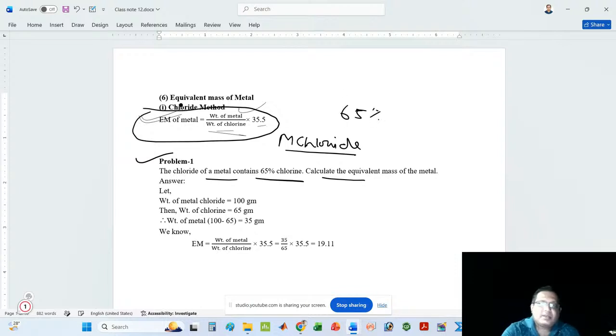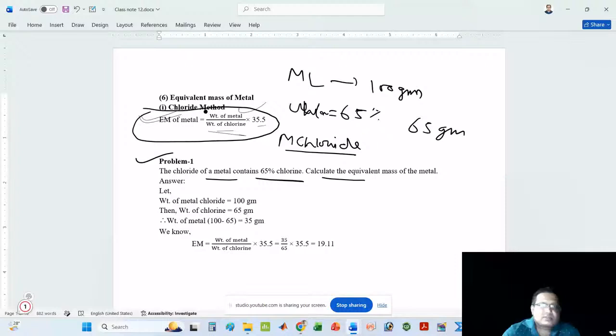That means if I take 100 gram of metal chloride, then the amount of chlorine is 65 gram, and the rest is the metal.